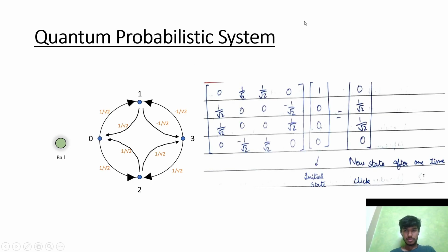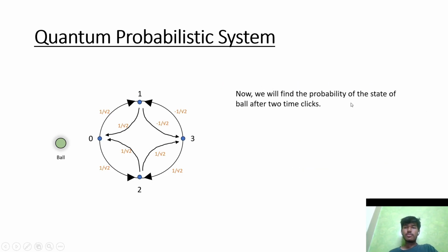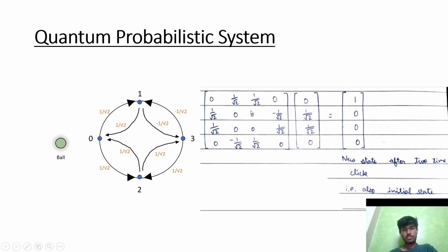Now we'll again find the probability of the state of the ball after one time click. So this big matrix here is our adjacency matrix, and this is our initial state. Now, when we multiply this, we get 0, 1 by root 2, 1 by root 2, and 0. Now, this is the new state obtained after one time click. Now, we'll find the probability of the state of the ball after two time clicks. So, this is the adjacency matrix here again.